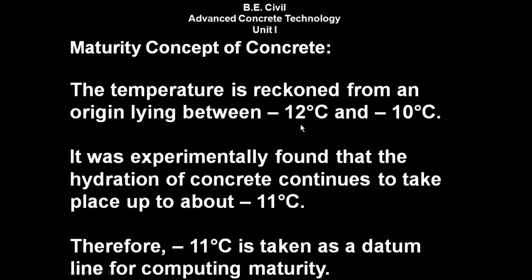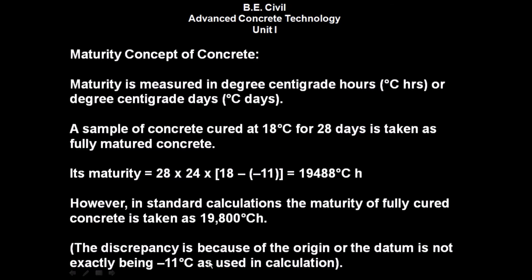This is the average of minus 12 degrees Celsius and minus 10 degrees Celsius. Therefore, minus 11 degrees Celsius is taken as the datum line for computing maturity. So maturity is measured in degree centigrade hours, or degree Celsius hours, or degree centigrade days, degree Celsius days.